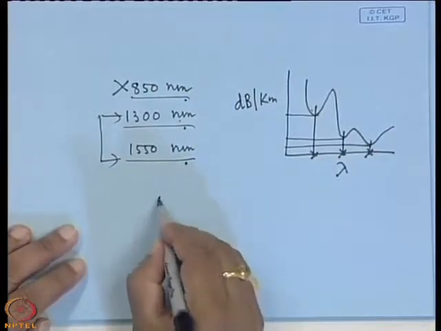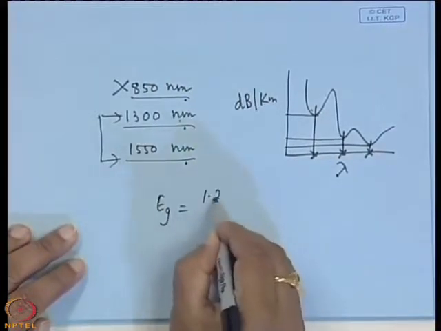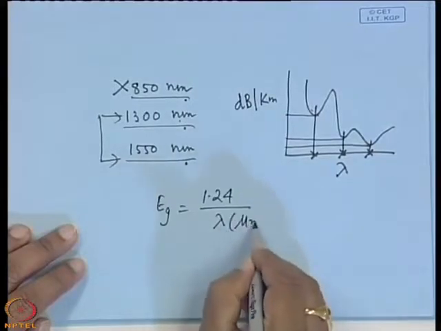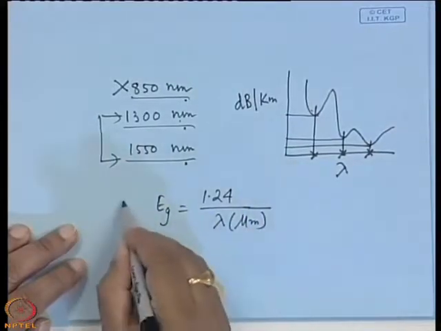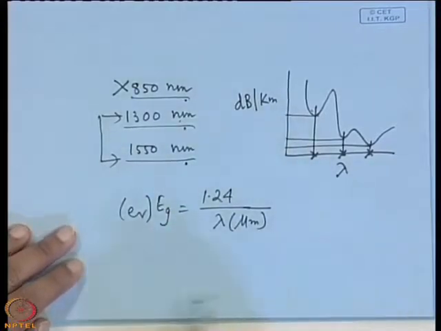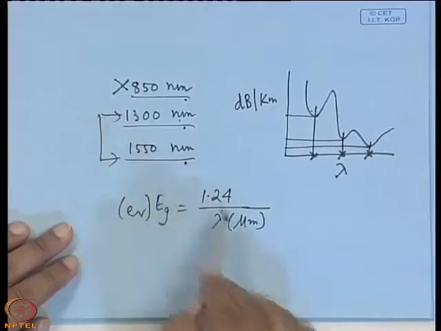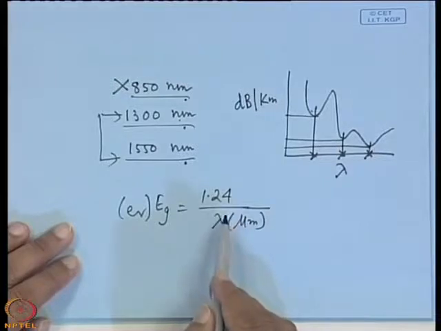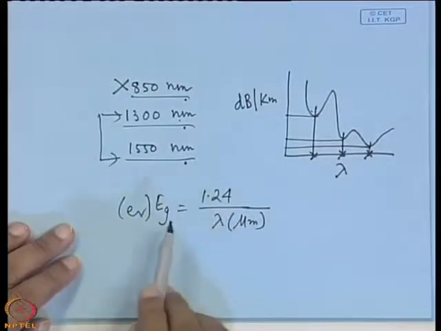So, that means the band gap Eg in eV must be 1.24 by lambda in micron. If you put this 1300 or 1550 here, you will get some value which is not available for any kind of semiconductors we have discussed till date.